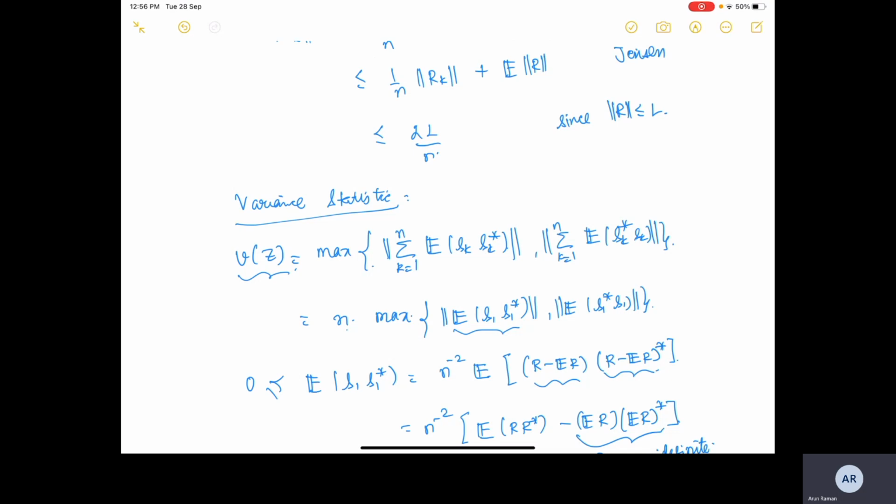One was in the very first lecture, when we had the sample covariance estimator. So we have looked at these two applications of the matrix Bernstein inequality.